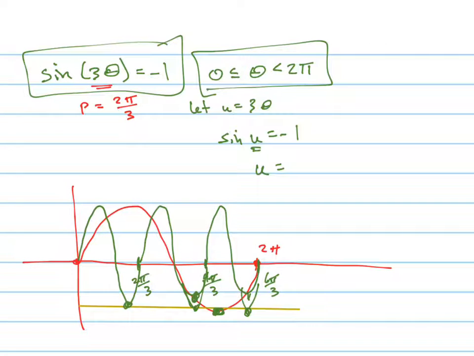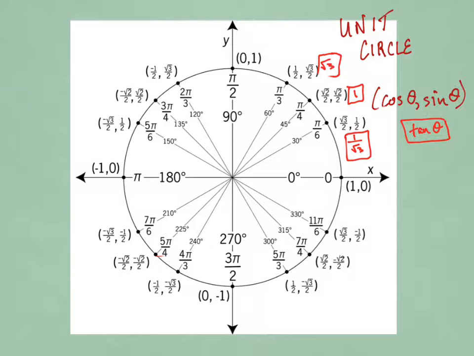Pi over 2? No, think about where the sine is negative. It's where the sine, which is the y-coordinate, is -1, which happens at 3 pi over 2. Here's my unit circle, there's my sine.